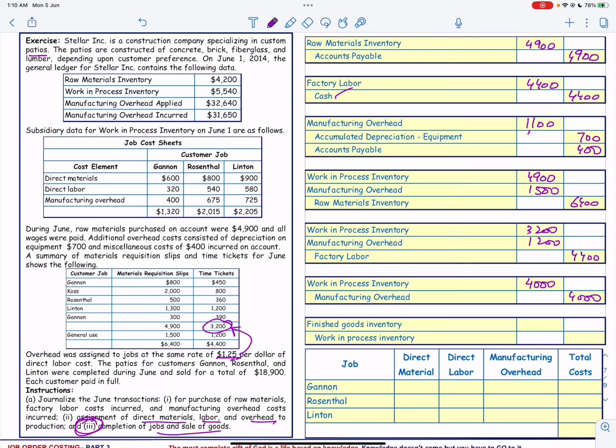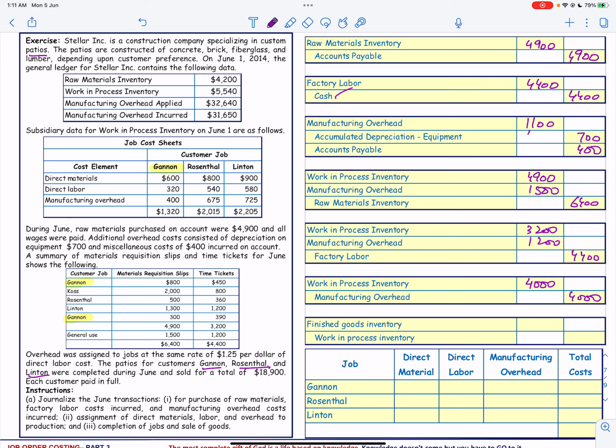Now first of all we have to record the transaction for the completion of job, and as given in the question, the job has been completed for Gannon, Rosenthal, and Linton. So first of all let us start with Gannon. Now Gannon is over here and here as well as here.